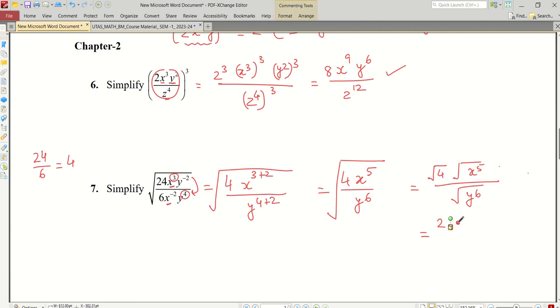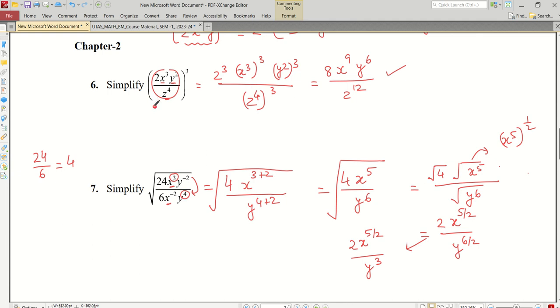It will be x power 5 by 2, because root means this can be written as x power 5 power 1 by 2. And here y power 6 by 2. So if you write in another form, it will come 2x power 5 by 2 upon y power 6 by 2, which is y power 3. This is how we can solve the question.